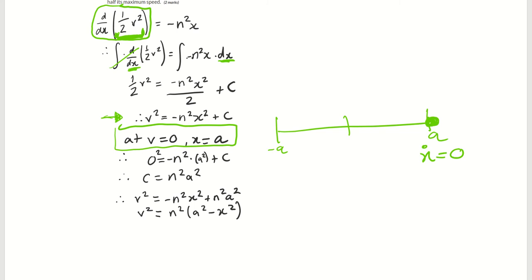And so I do. When I sub that in, I get a value that c is equal to this. And replacing that for c in my velocity squared formula gives me this. And all I've done here is factorized out my n squared. And there's my proof completed.